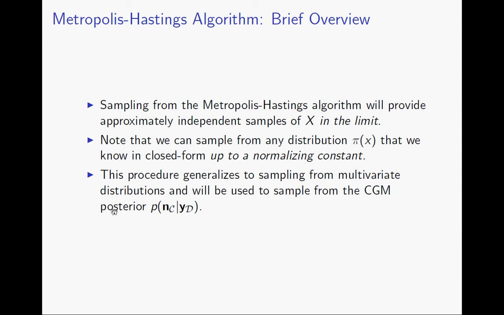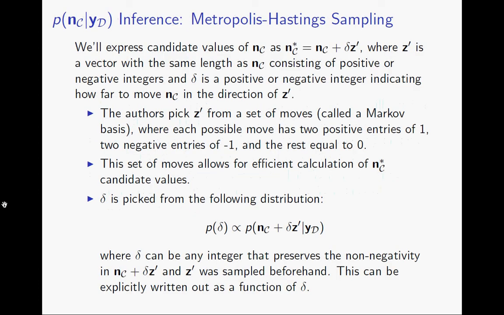So let's talk about Metropolis-Hastings sampling in our procedure. We'll express the candidate values of our contingency tables NC as NC star, which equals the old value that we had, NC, plus some shift, which is delta times Z prime. What are both of those values?